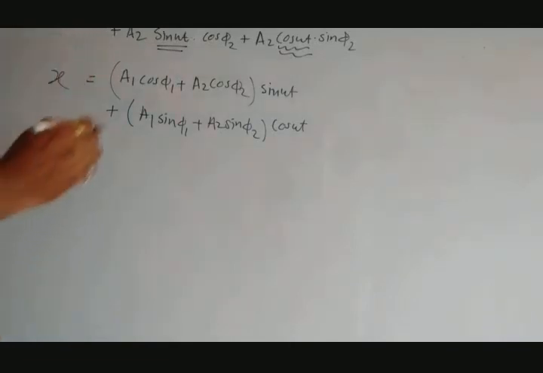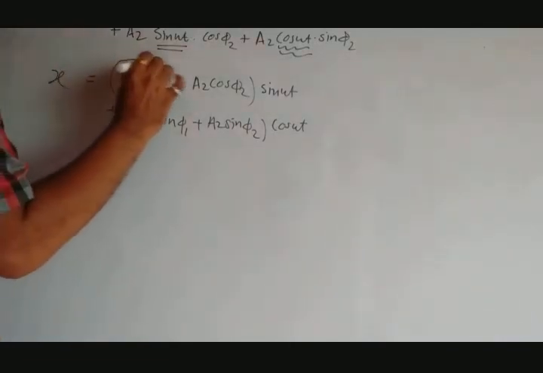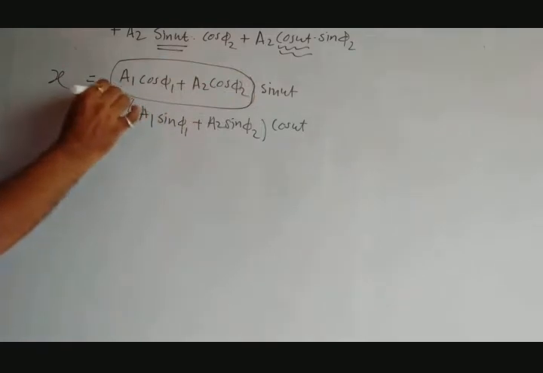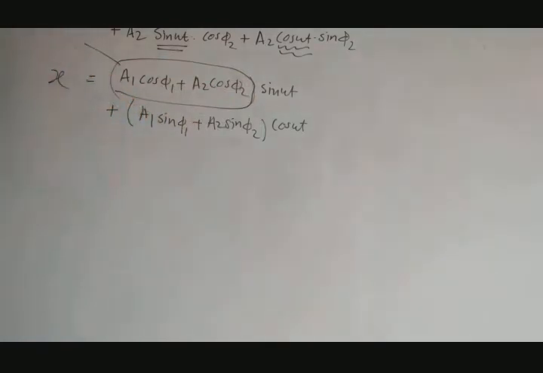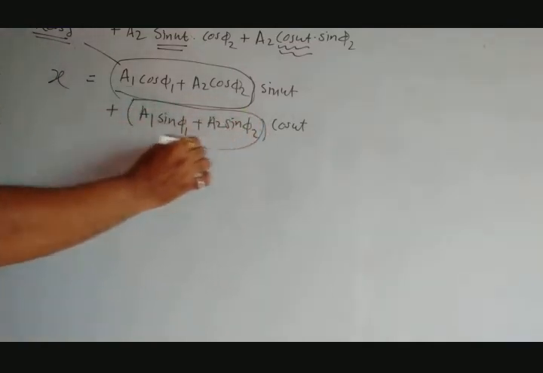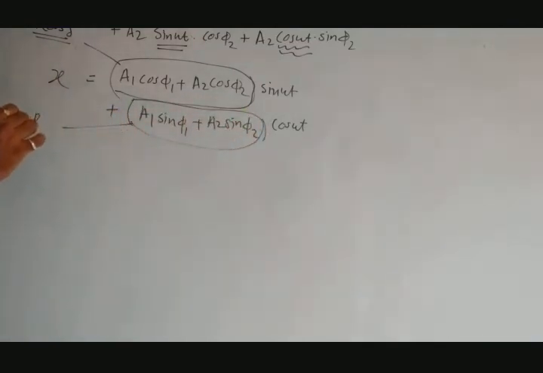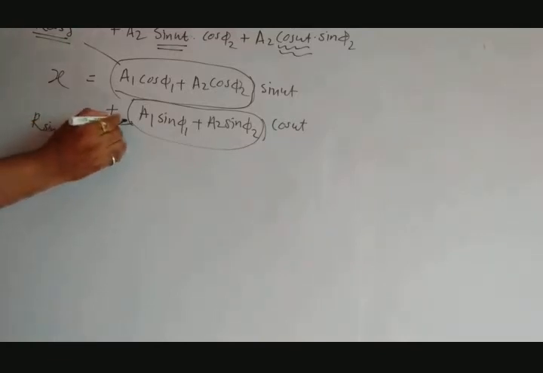What are the substitutions? Put this bracket as r cos delta and put this bracket as r sin delta, and rewrite the equation. What do we get in the equation again?